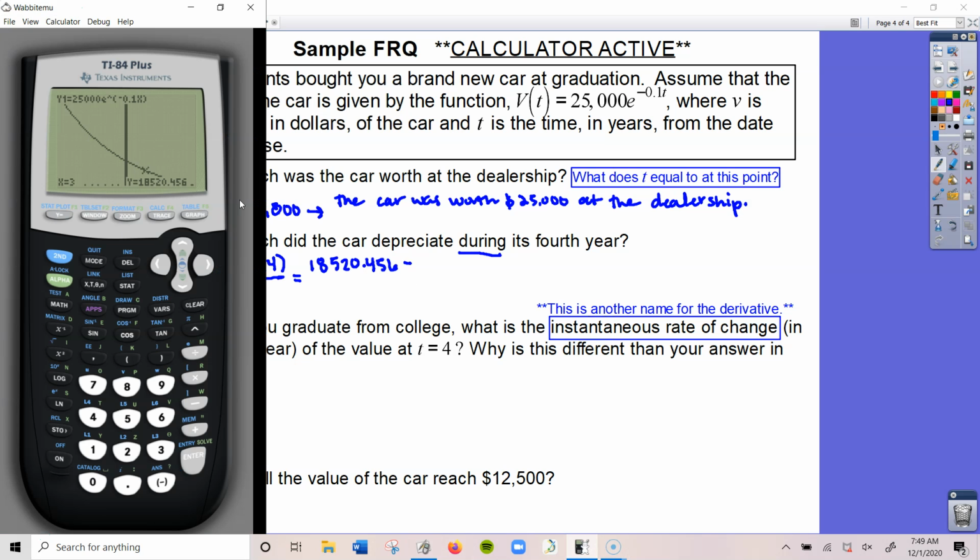When you're looking for function values, you don't have to go back to the calc menu every time. But if it makes you feel better, you can always go back. But I'm just going to click on 4, and it's going to give me my function value for when t is equal to 4, which, as you can see, is 16,758.001.